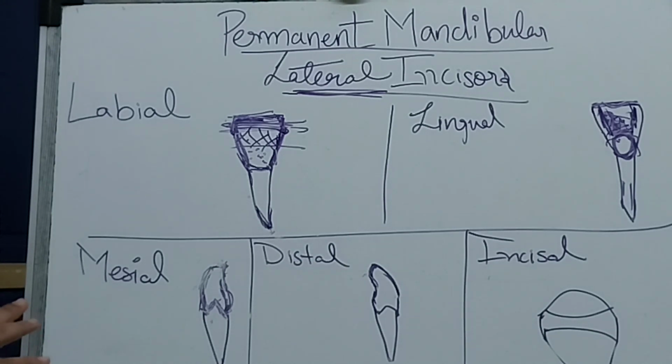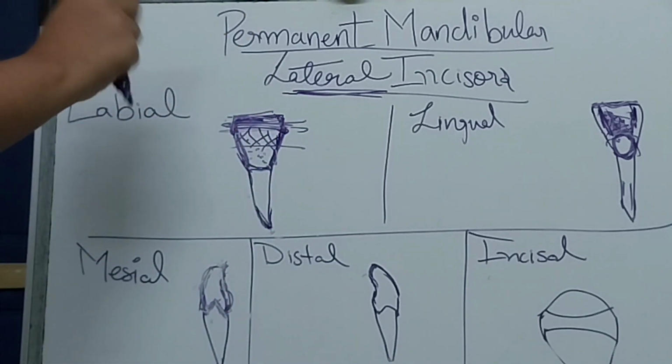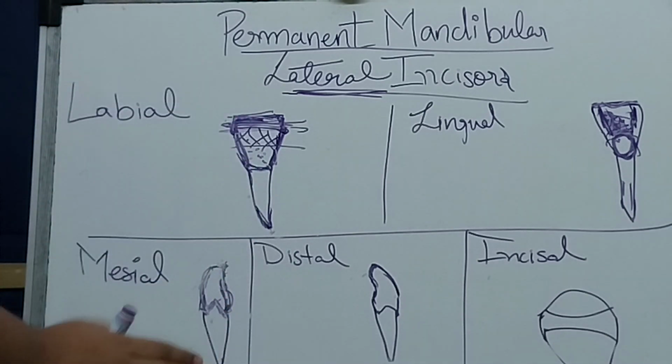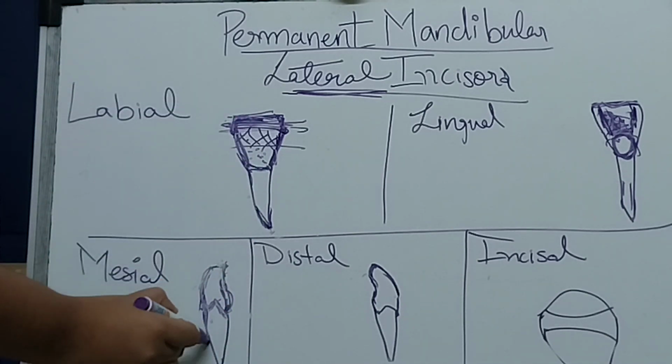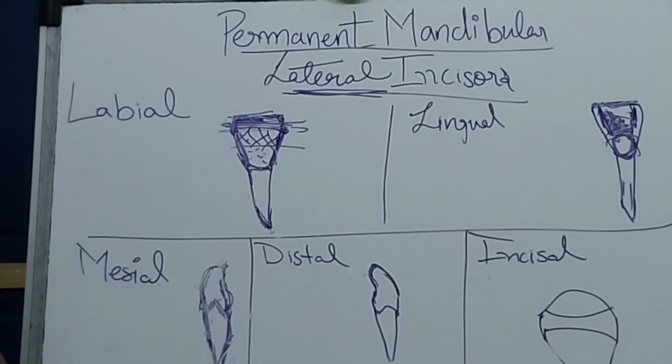Now coming on to the root. The root is similar to the permanent mandibular central incisor. The root is straight, generally straight till here. But as we come over here to the junction of the middle and the apical region, from here it starts tapering.